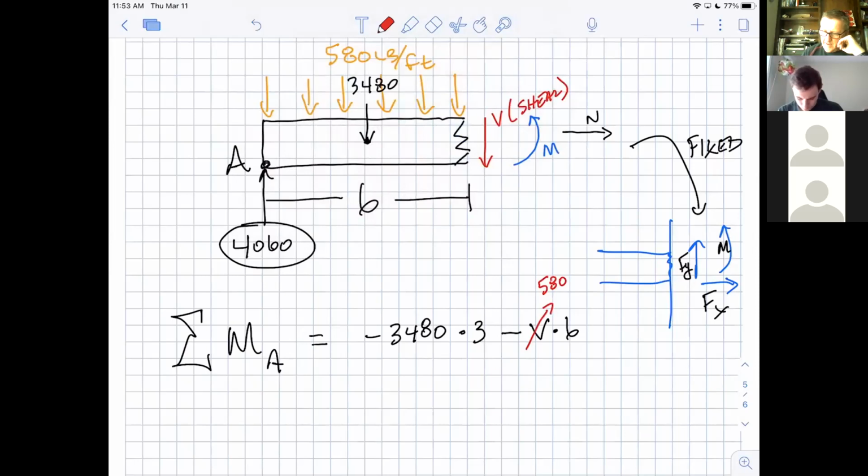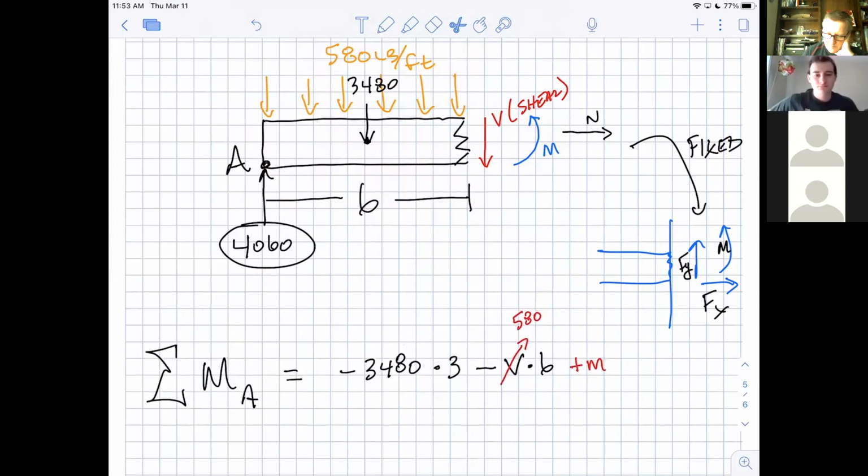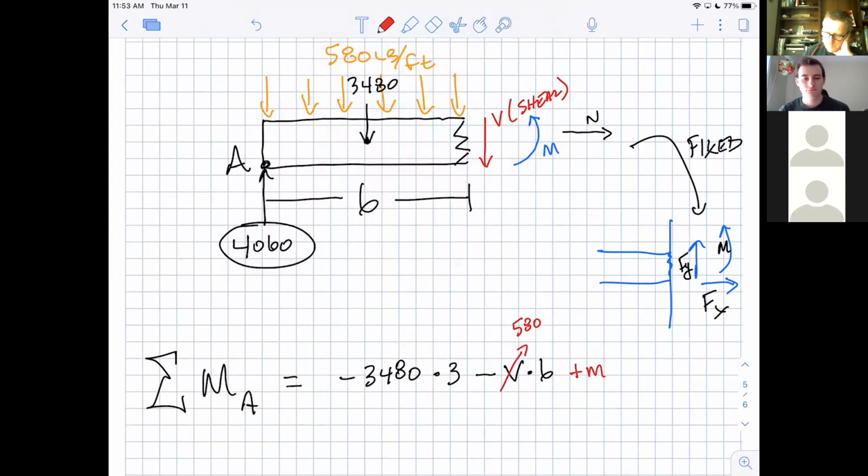And would you agree that that M is positive because, at least the way I drew it, it's going counterclockwise? And so doesn't this have to be equal to 0? So I solved this for M by adding all the other junk to the other side.